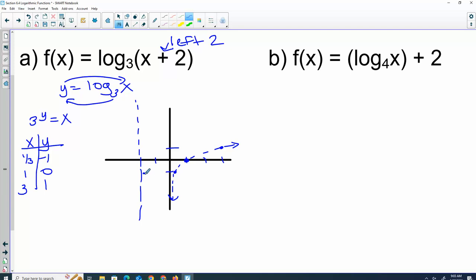And then I just move each of my points to the left. Alright, what would be the domain of that one? It doesn't equal -2, so it's parentheses, keeps going forever after that. What's my range?